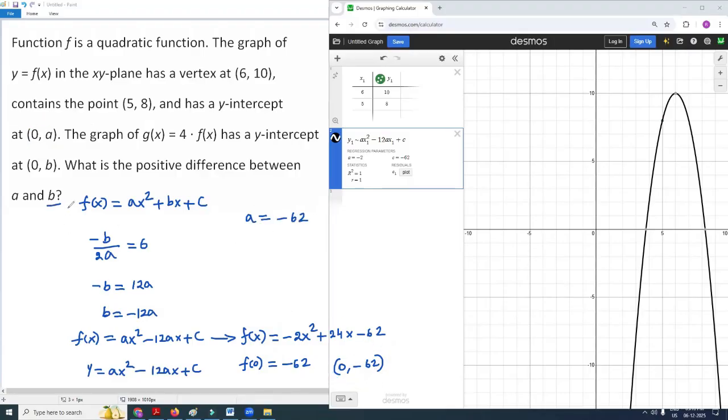Okay, still we have to get the value of b. For that we have to consider g of x equals 4 times f of x. We have to find the y-intercept of this function. To get it, we plug in x equals 0. Then we get g of 0 equals 4 times f of 0. Already we got the value of f of 0, that is -62.